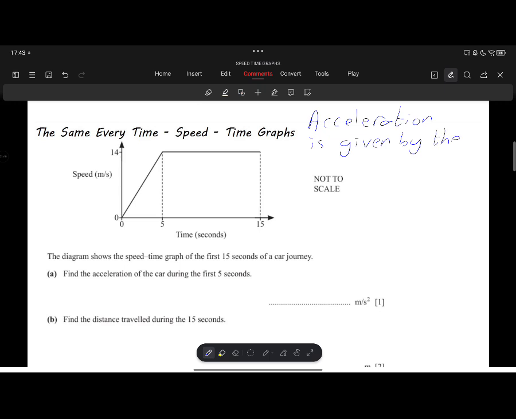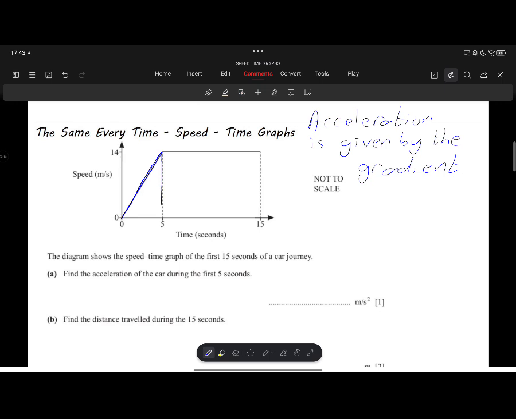So there we go. Acceleration is given by the gradient. So they want the acceleration of the car during the first 5 seconds. So basically that's the gradient of the line during the first 5 seconds. Well, here's my line during the first 5 seconds. There it is.